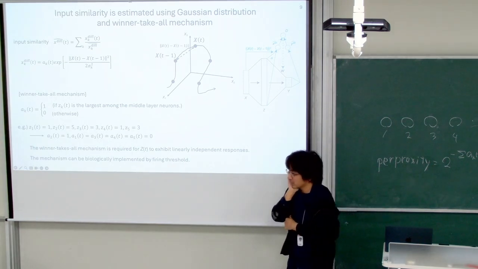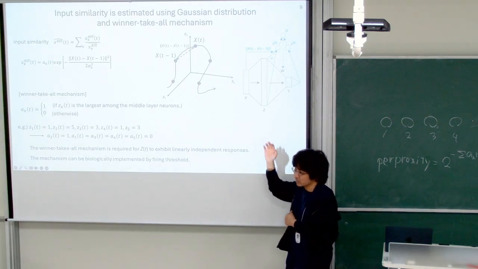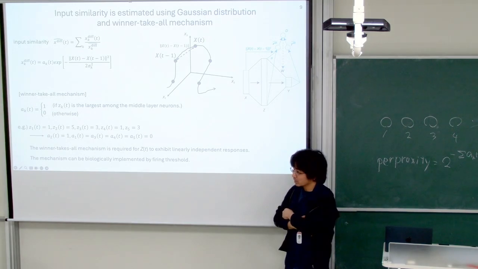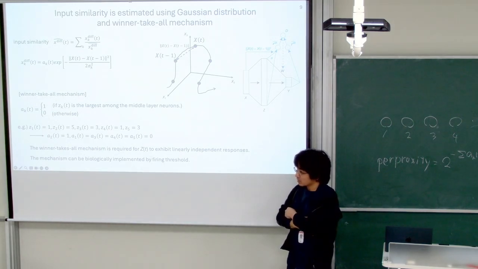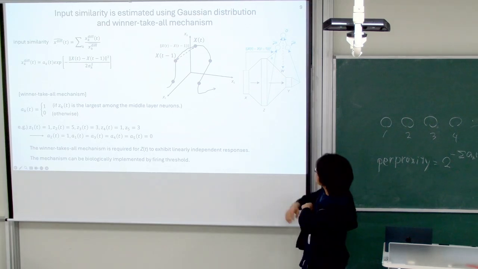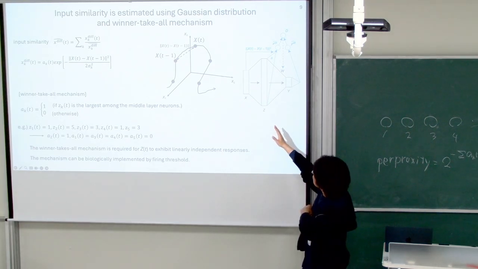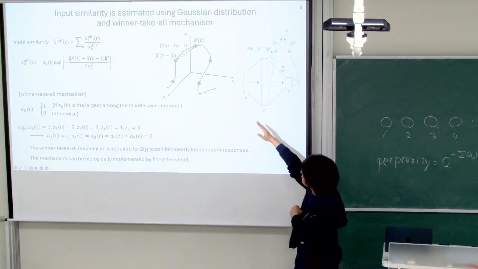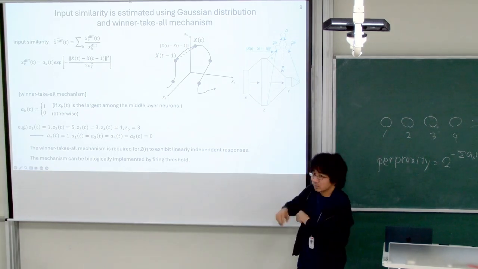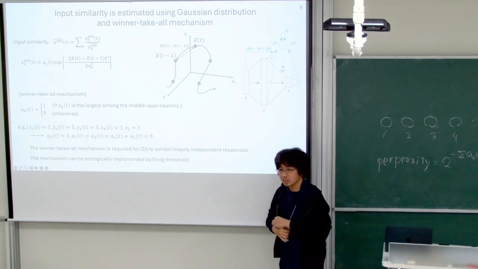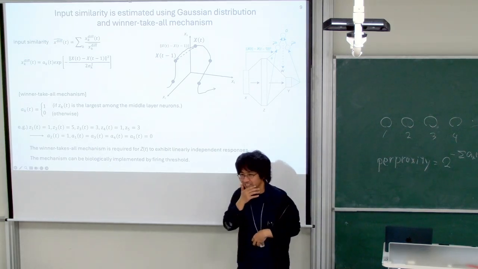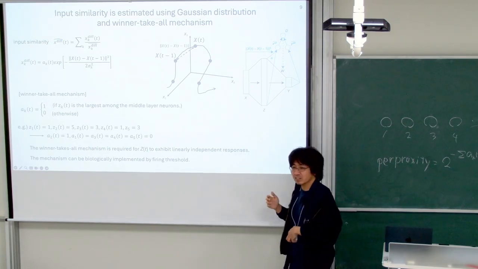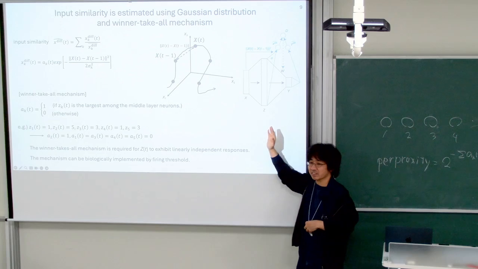X is 32 dimensions, Z is 2000. R is greater than S, right? So Z is larger than X. R was the dimension of Z. The Z layer is larger than X.